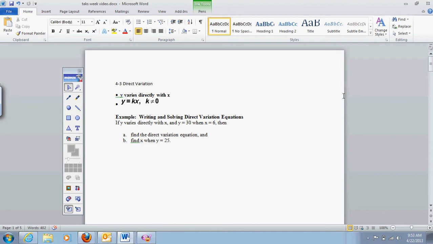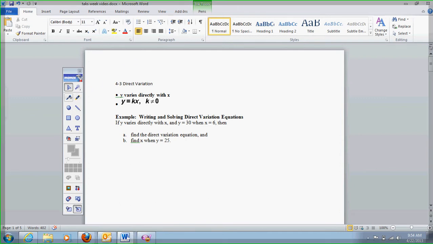Direct variation is a topic that is very important, and it looks very tricky when you're trying to figure out what's going on, but it's really just a matter of substituting and solving and then substituting again. What we have, first of all, if you recall, the point-slope form of the equation that we have been working with.